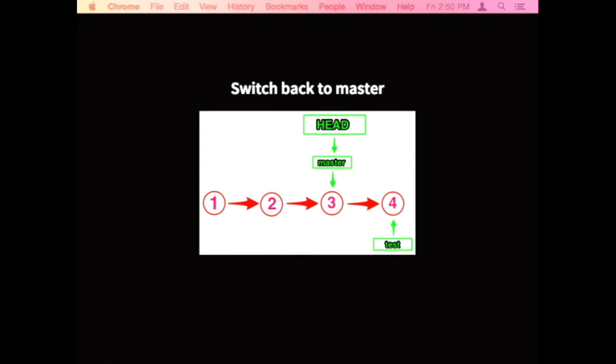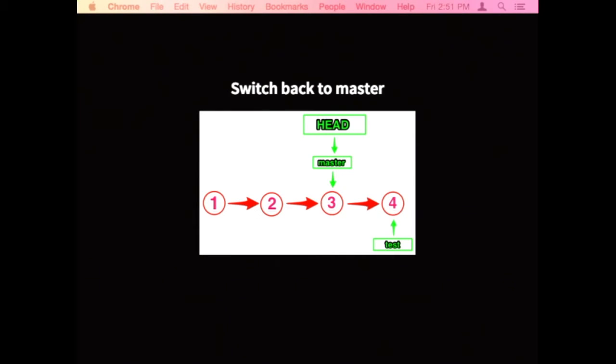We can delete that other branch if we don't like it, or we can do some other things. But our directory remains the way it was before we started the branch. Branches are typically created for new features, hot fixes, and some projects, like Drupal, use branches for each major version. So there's a branch for Drupal 8, there's a branch for Drupal 7, and those branches just live there forever.